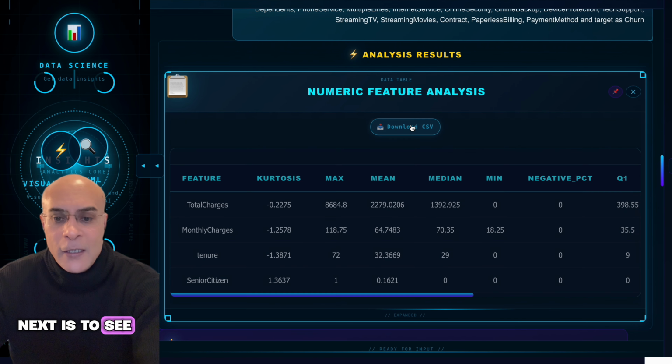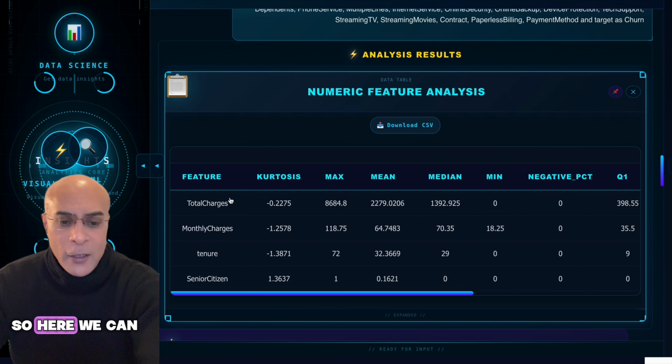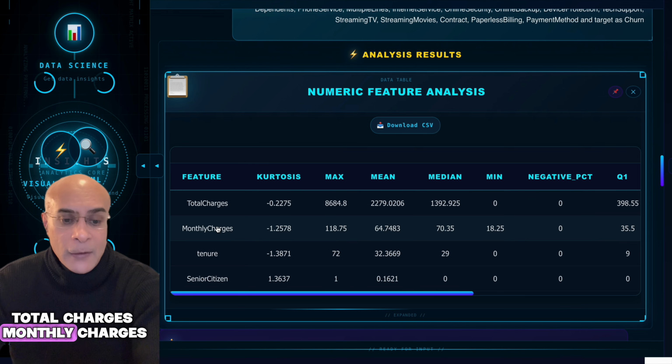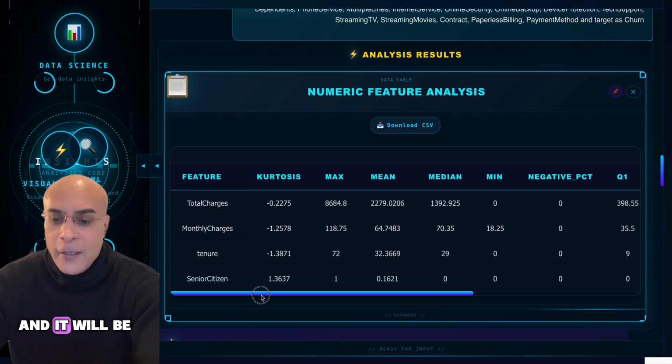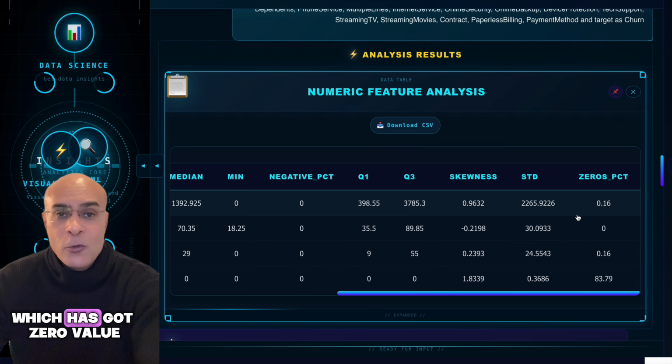Next is to see what the numerical features are and analyze them. Here we can see that there are 4 numerical features: total charges, monthly charges, tenure, and senior citizenship. It would be useful to analyze if there are any records which have 0 value.